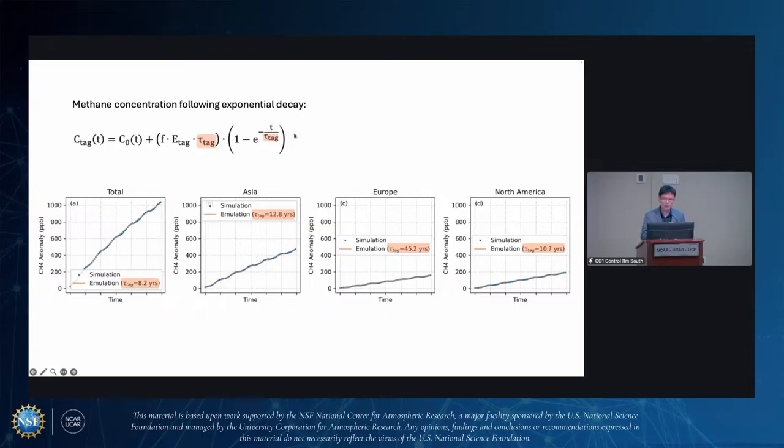And with our simulation data, we can estimate those lifetimes, and the result is shown below in orange. And we notice that Europe is showing a much longer lifetime than the other regions. So that makes us think what causes the longer lifetime of methane from Europe.